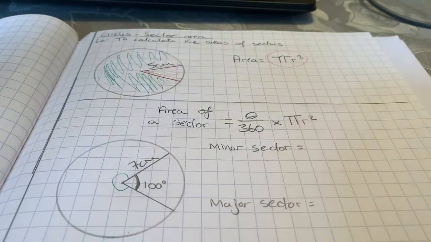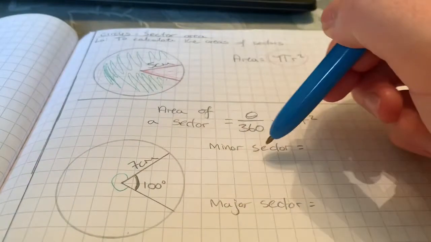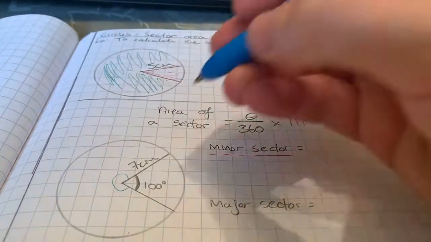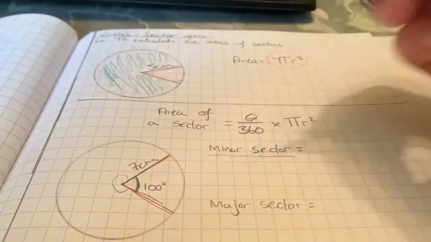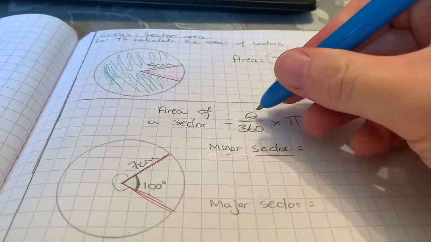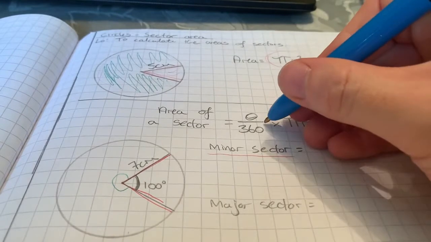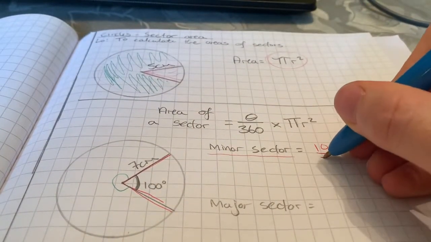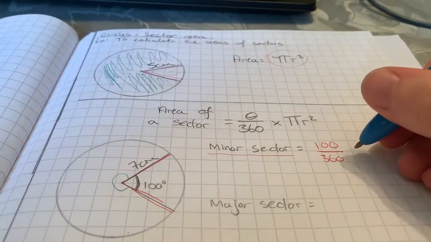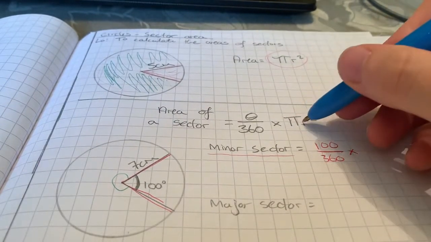So what we're going to start with is looking for the minor sector here, which minor just means a smaller one. Okay, so what you do is you take your theta over 360, which is 100 over 360, times by your pi r squared.